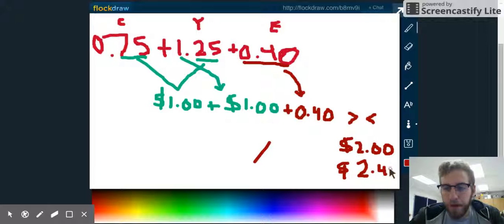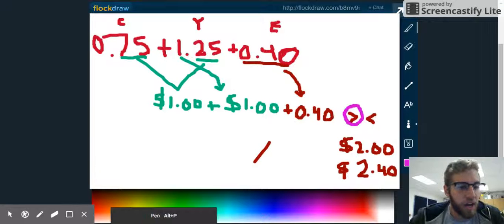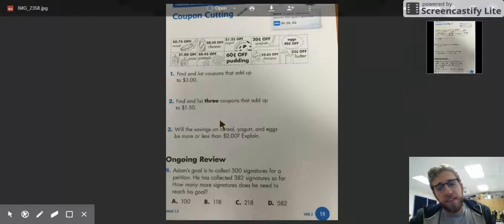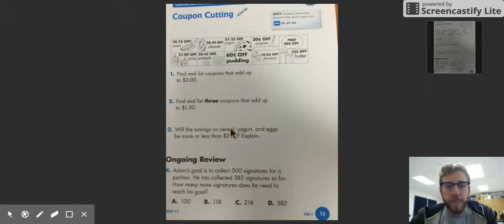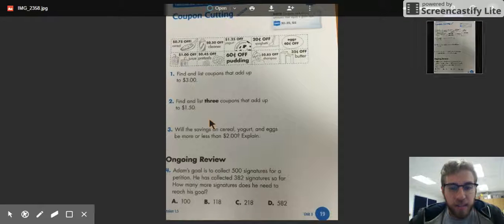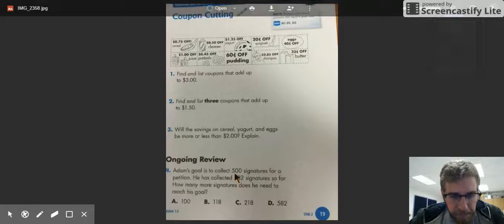Therefore, our savings are greater than, more than, bigger than $2. So going back to our work here, will the savings on cereal, yogurt, and eggs be more or less than $2? They'll be more than $2 because when I added them together, it equaled $2.40, which is bigger than $2. That'd be a great way to explain that problem.